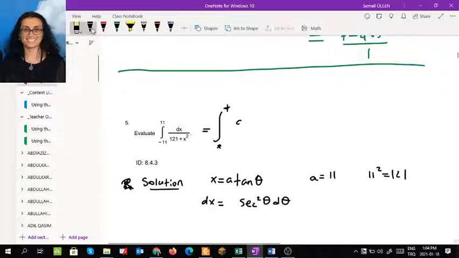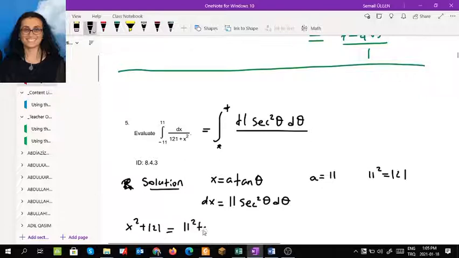So it is 11 secant squared theta d theta, and then x squared plus 121 is equal to 11 squared tangent squared theta plus 11 squared, yeah?